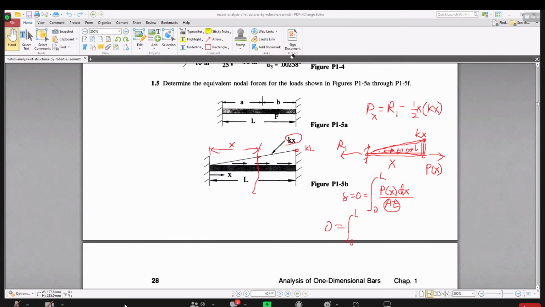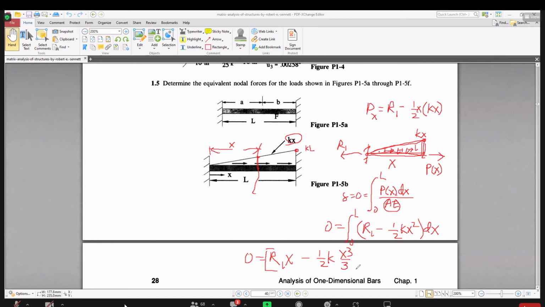Let's just solve this. This should be R1 minus 1/2 kx squared dx. So the result is R1 x minus 1/2 kx cubed over 3, right?